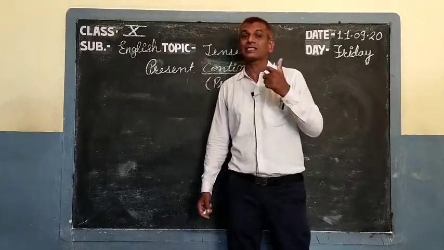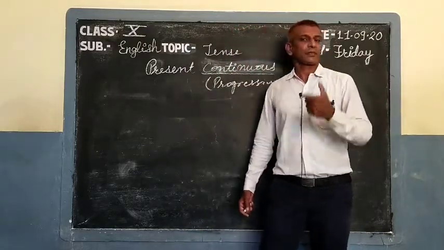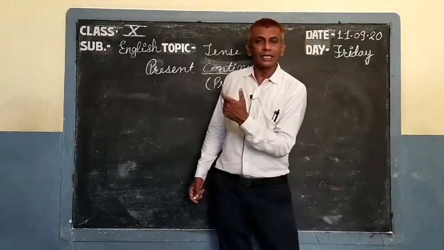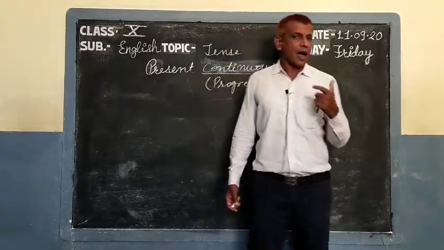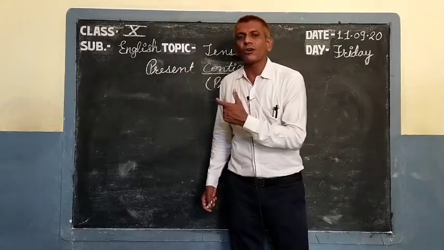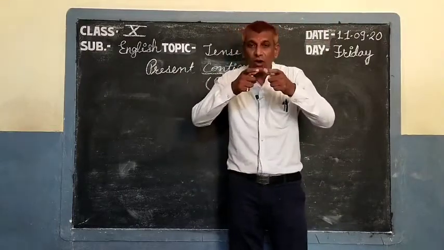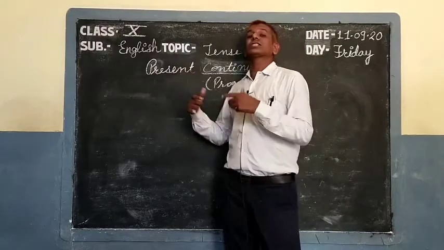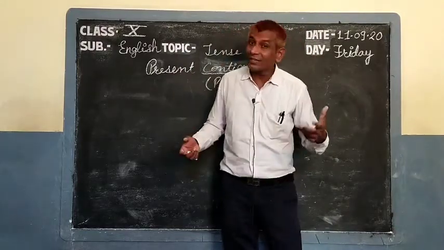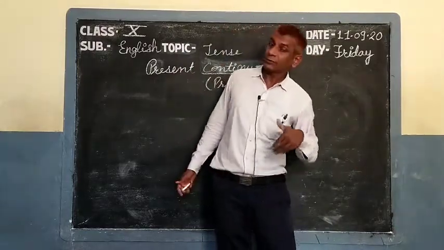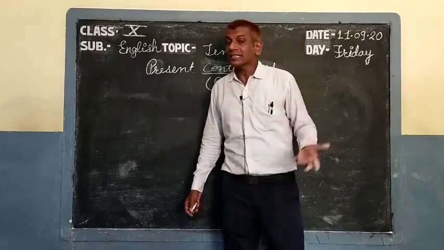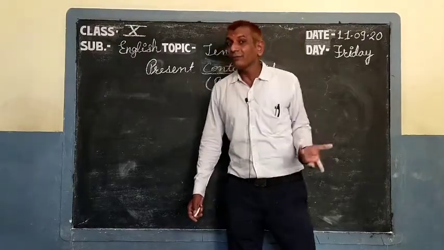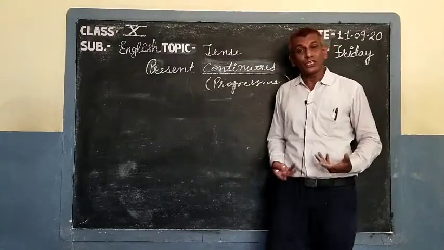But what does the sentence say? I am learning music. I am reading a story. The structure of the sentence is still present continuous, but the activity is not going on at the time of speaking. I am saying the sentence, I'm learning music, but I'm not learning music now.